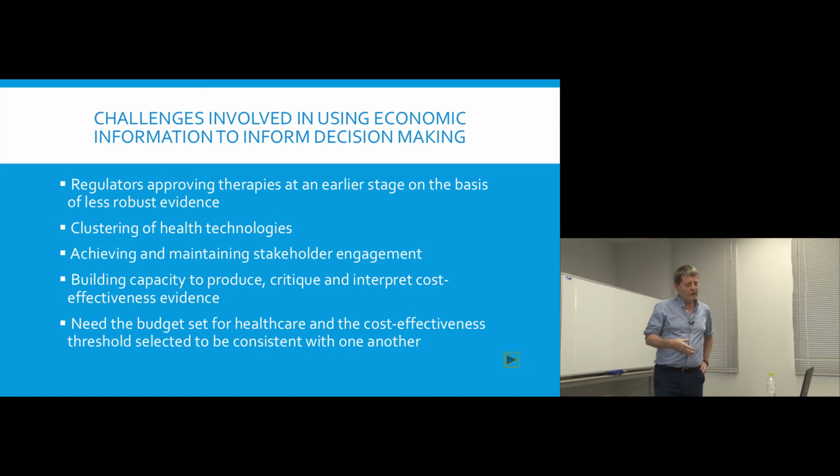So they're obstacles to producing the data, to producing the number, the result. The next set of challenges are challenges involved in using economic information, so not the creating of it, but using it. Once information exists, the challenge is involved in using economic information to inform decision making.